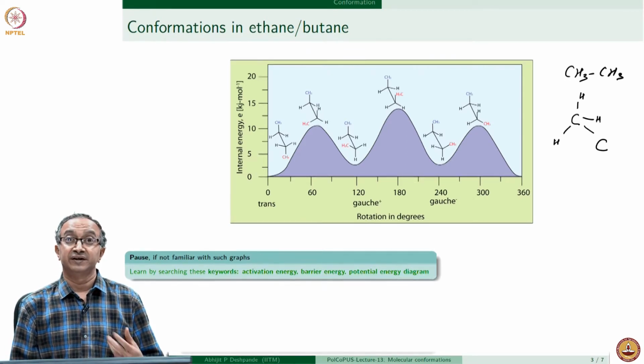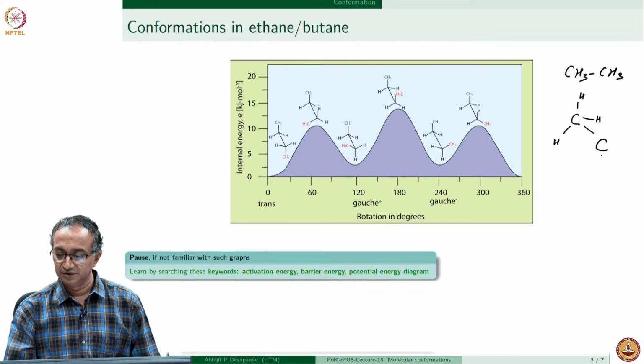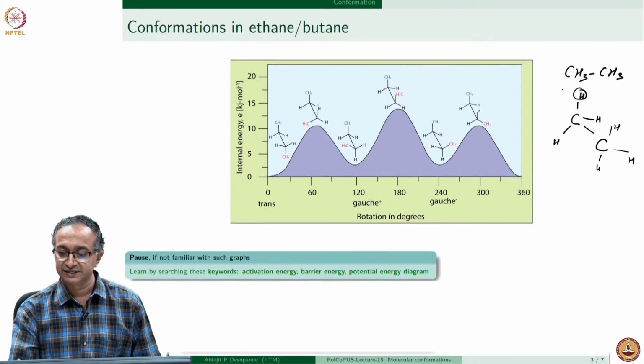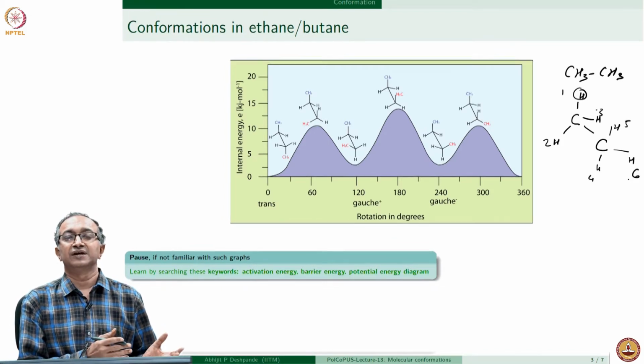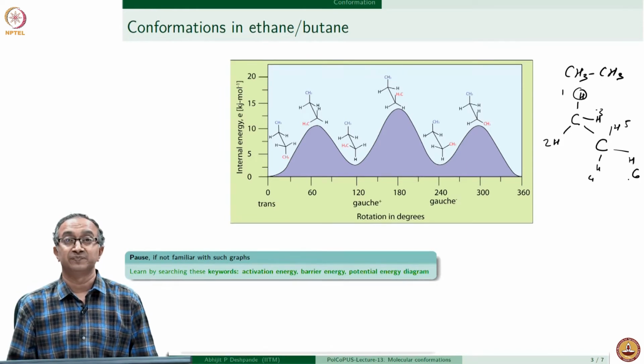Now if I look at the positions of the hydrogen atoms and number these, let us say this is 1, 2, 3, 4, 5, 6, the question I am asking is how is the position of hydrogen 1 located relative to hydrogen 5, and things like that.